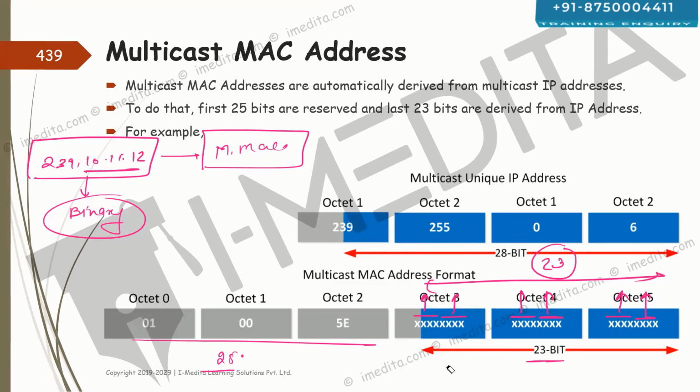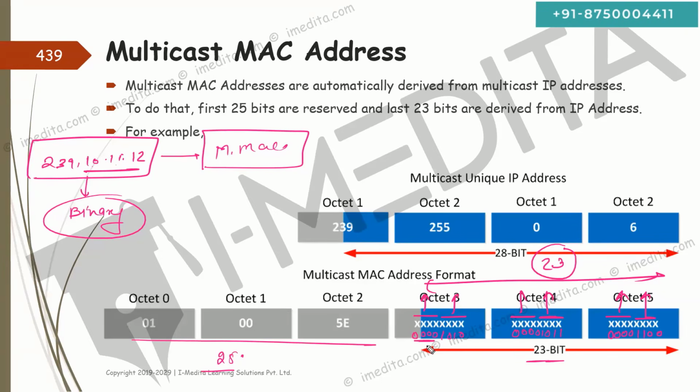If you write 12 in binary, it will be 00001100. If you write 11 in binary, it will be 00001011. If you write 10 in binary, remember you have to take only 7 bits from here, so 1010 and 000, and the 8th bit will always be 0 here.